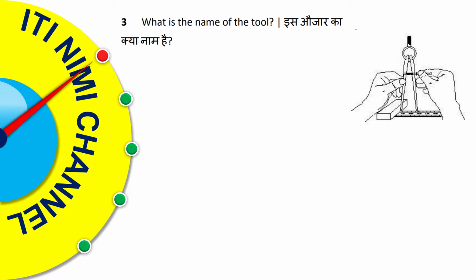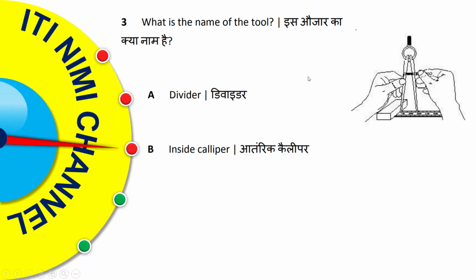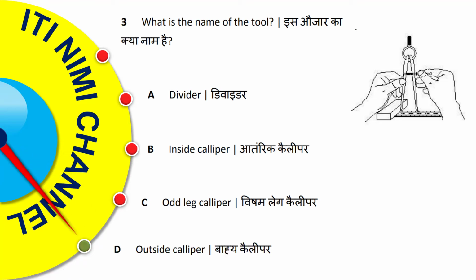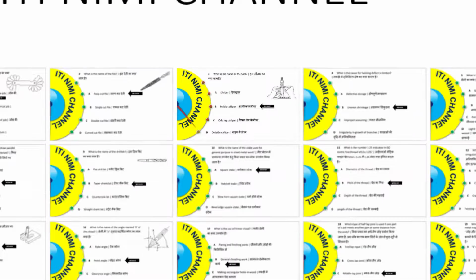What is the name of the tool? You have to tell what is the name of this tool. Divider, inside caliper, out leg caliper, outside caliper. The answer is inside caliper.